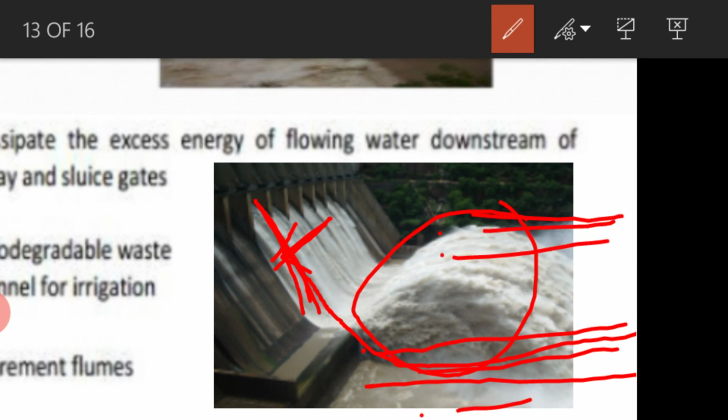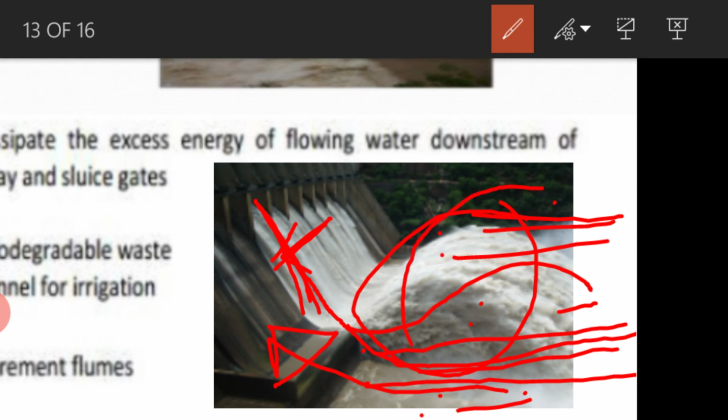When the bed and banks start eroding because of this huge kinetic energy, in turn it affects the stability of the structures. So to prevent the erosion of the bed as well as the banks, the hydraulic jump is a must. So we need to create a hydraulic jump.